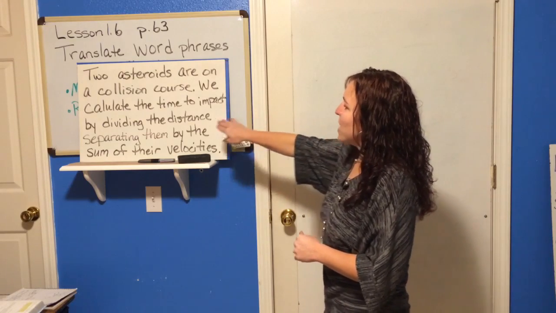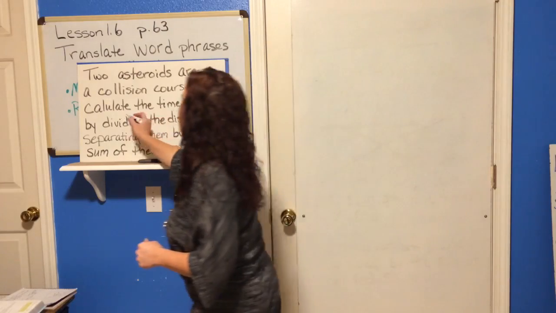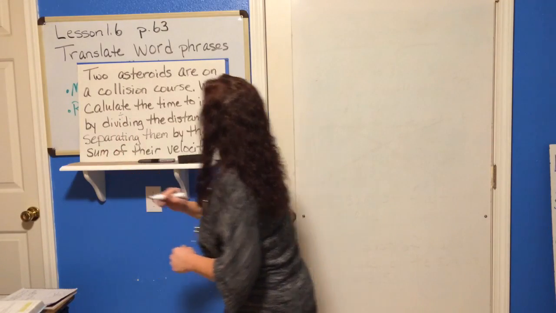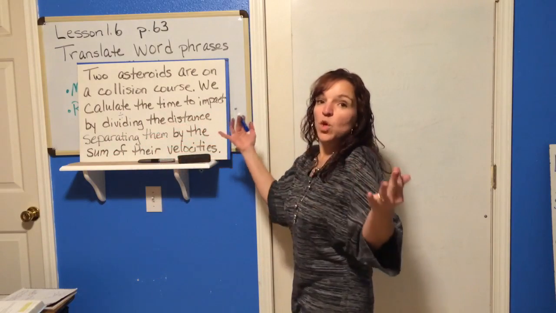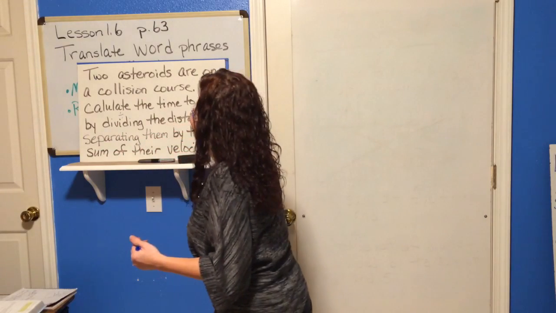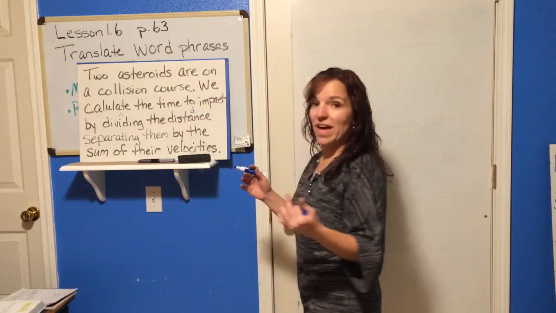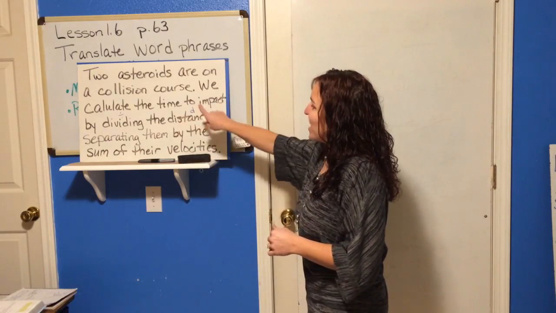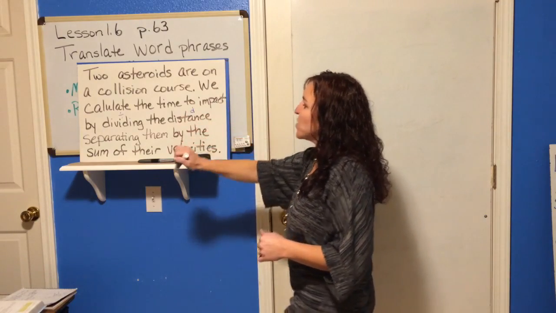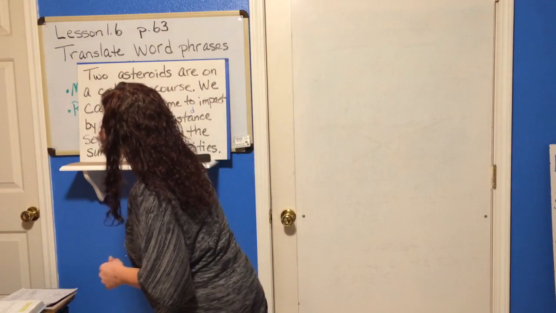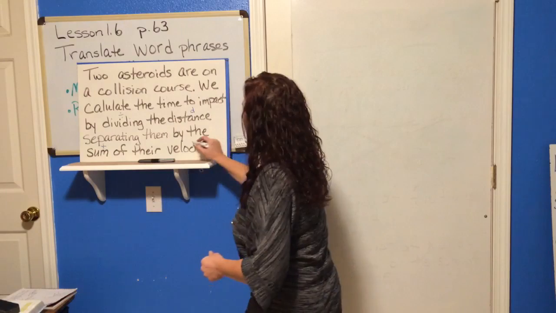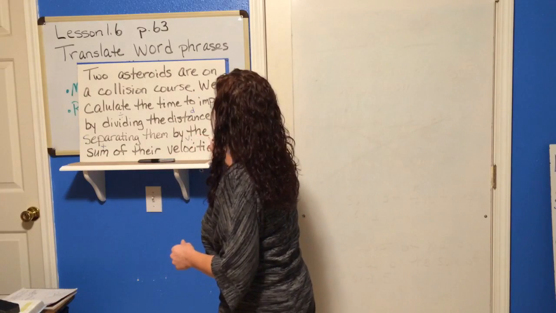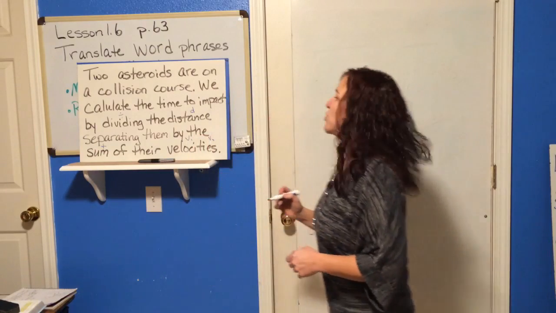We calculate the time to impact by dividing, so there's a division, dividing the distance separating them, so whatever that is, and we're just going to call it D because we don't know. If we knew that distance, we would put it there. By dividing the distance separating them by the sum, so we're going to add something, the sum of their velocities, and we'll just call them V sub 1 and V sub 2 for the two different asteroids.